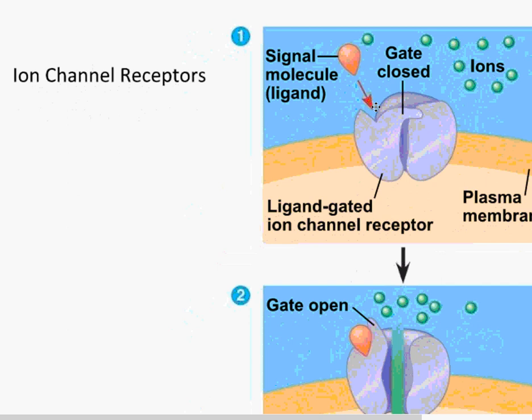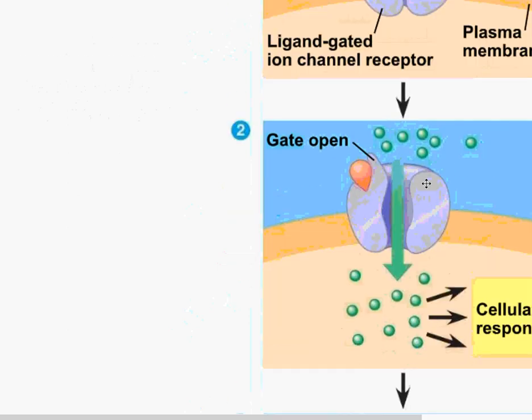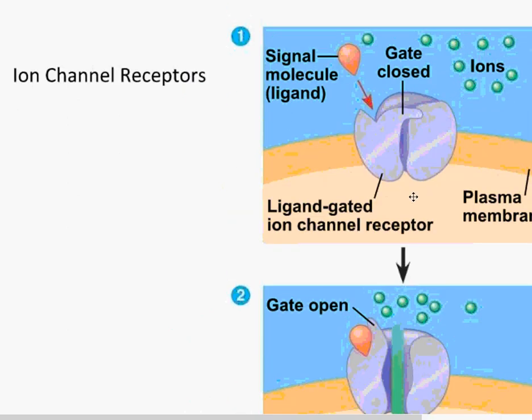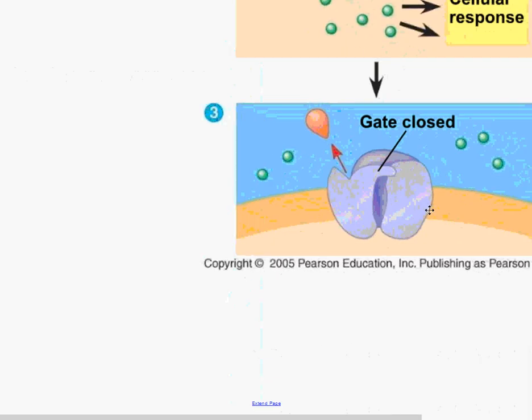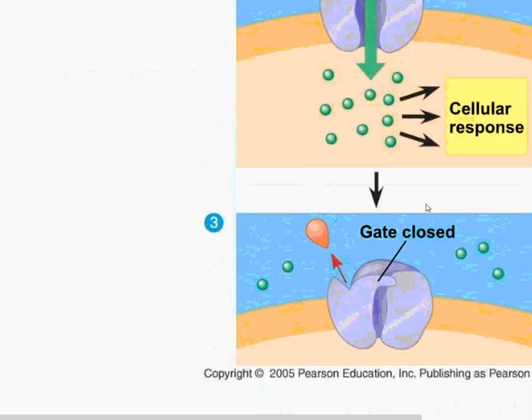Upon being put in, the gate opens, the ions diffuse through from high to low, and when the signal molecule goes away, the gate closes. How does the signal molecule go away? There's usually an enzyme that breaks it down. We'll talk about some specific examples of this, but this is particularly important in muscle cells and nervous cells.